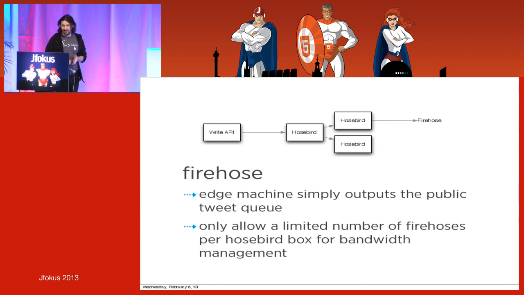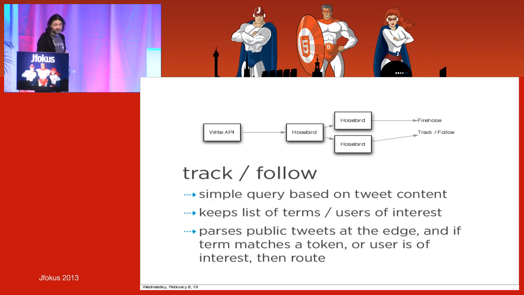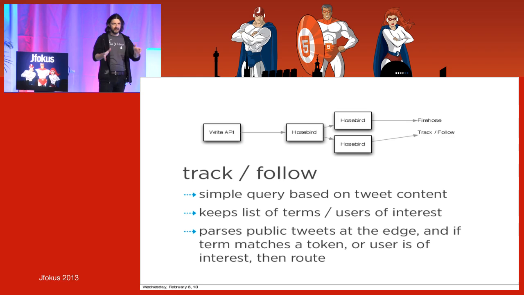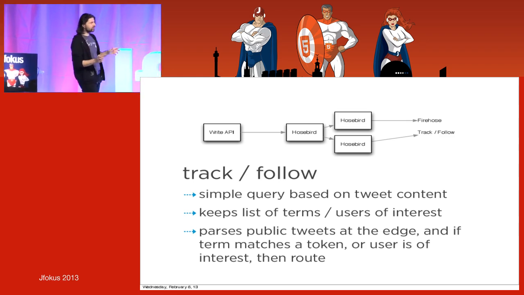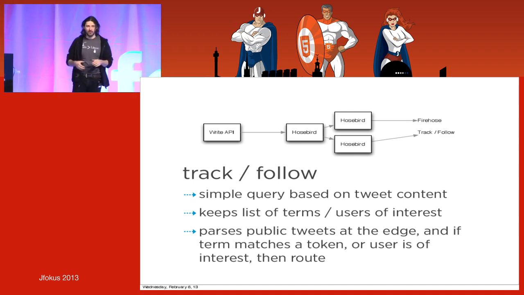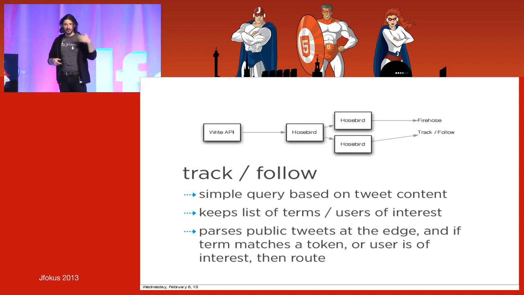All right. Okay, so this is Firehose. You have the other thing, which is the so-called track follow. Track follow is if you ever use TweetDeck, then in TweetDeck you can specify, I want to see all the tweets from this user and that user and another user, and additionally all the tweets that mention JFocus or Stockholm, and then you will get a real-time push of those.